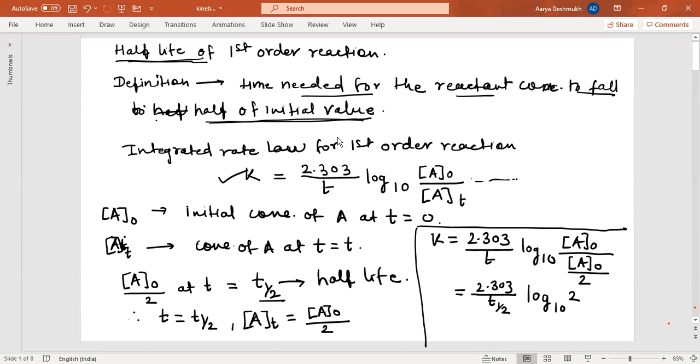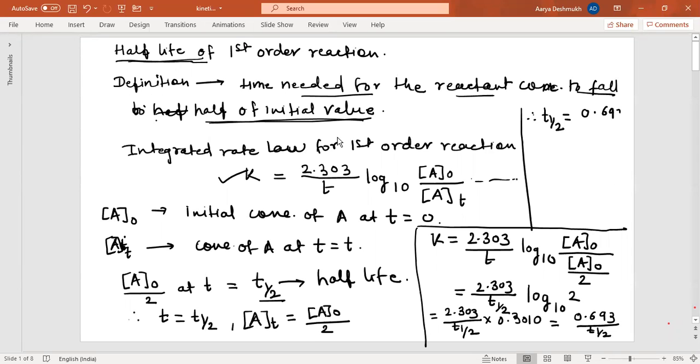So you can write this is equal to 2.303 divided by t half into log to the base 10 of 2, that is 0.3010. If you further simplify this, you'll get 0.693 divided by t half. Now I'll accommodate the same on the same slide. Therefore, t half will be equal to 0.693 divided by k. Okay, so we got this equation.